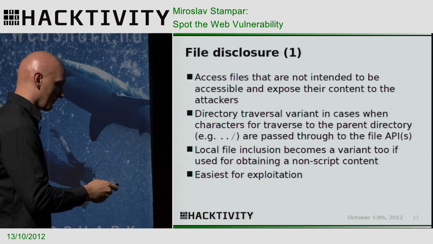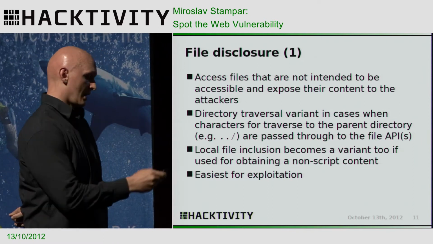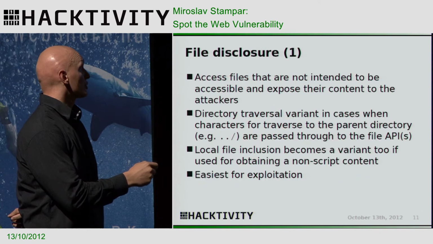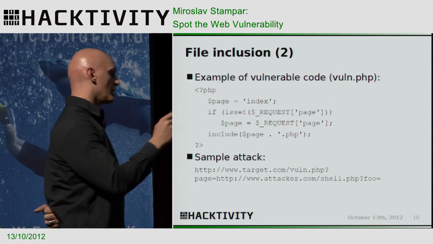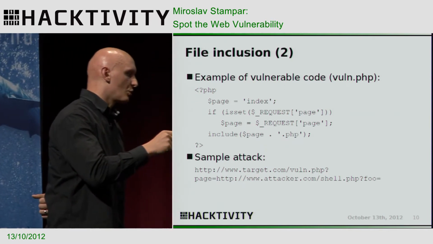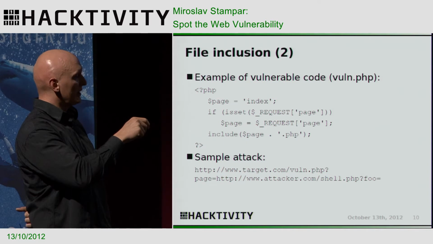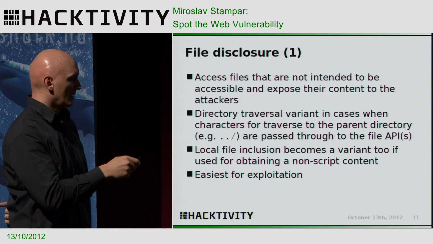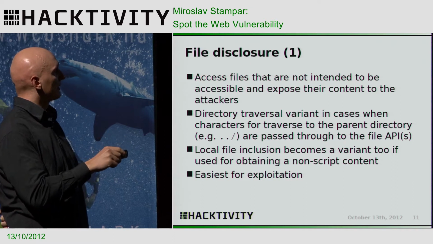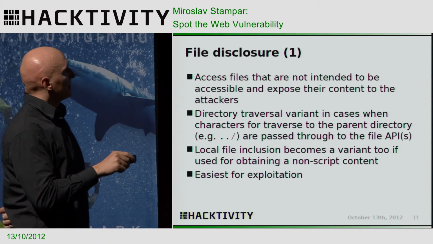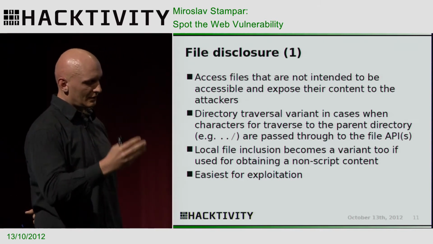File disclosure is highly related to the file inclusion part, but in file inclusion, you are trying to inject PHP code or JSP code inside the vulnerable page. In file disclosure, you are trying to disclose the content of a file which normally is not exposable by the web browser.